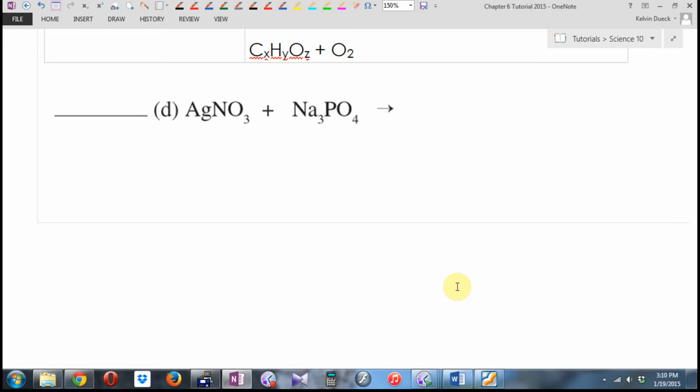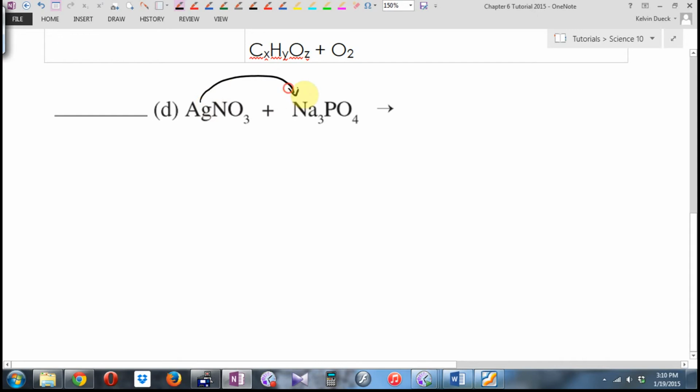So what's going to happen for the products here, Julia, is, look up, that's going to bump that. So the product is going to be AgPO4 and NaNO3. Now I need to crisscross still.